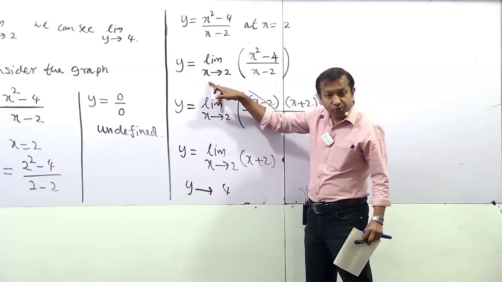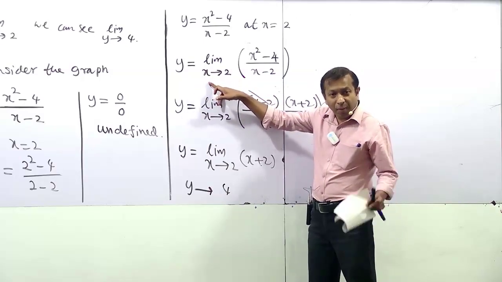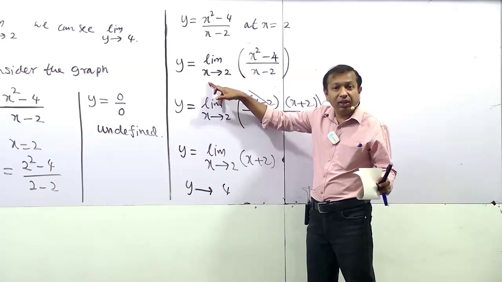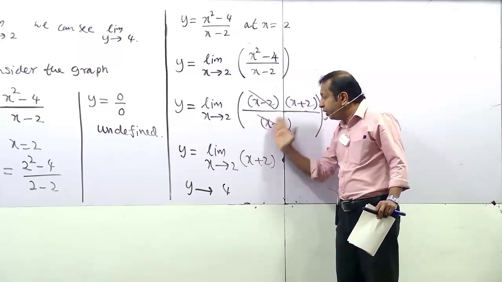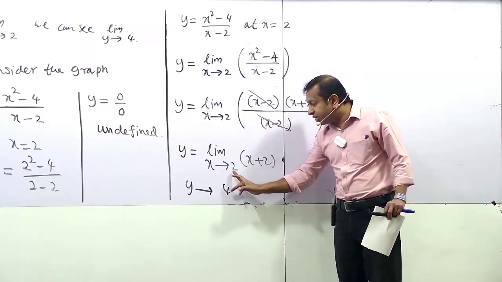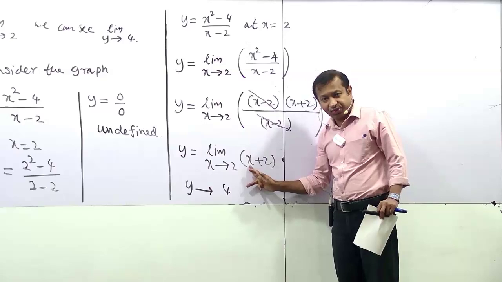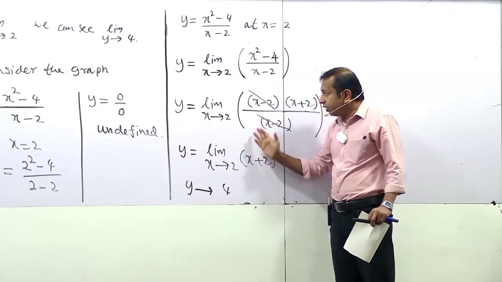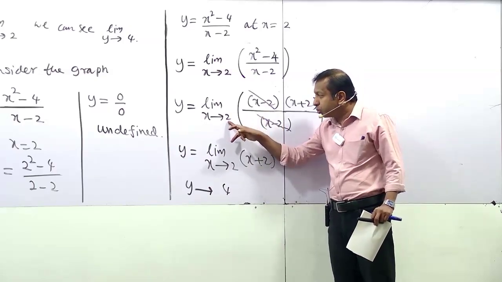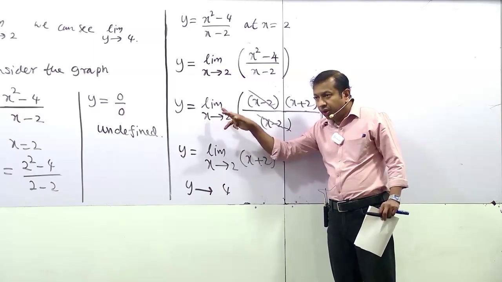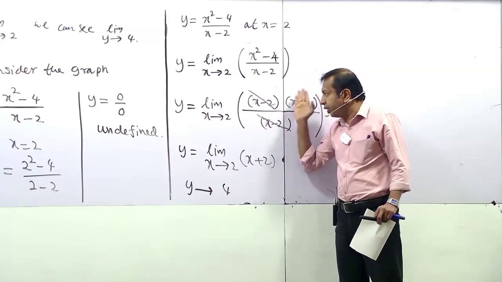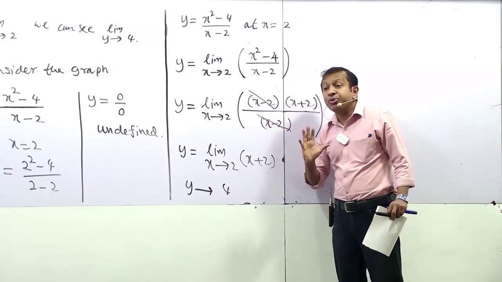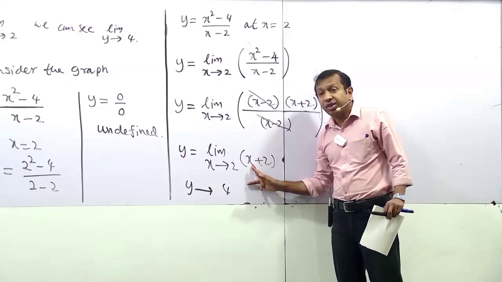What do you get? X minus 2, no? Yes. People remember, until you cut x minus 2 from numerator and denominator, don't substitute this 2 for x. Understand? Until you cancel down, now once you take this 2 to this side, we get x minus 2, no? That x minus 2 factor, until you cut down from numerator and denominator, don't substitute x equals 2 for x's.